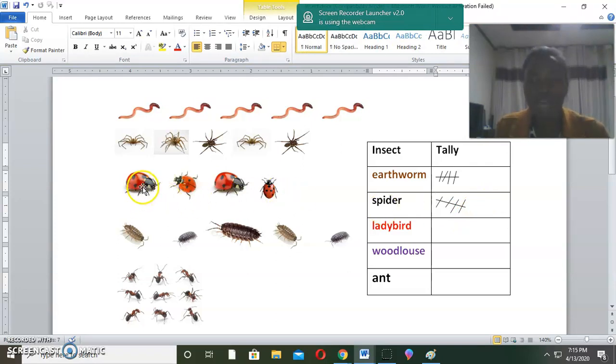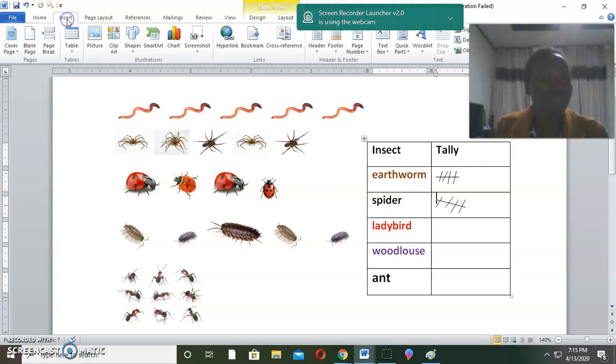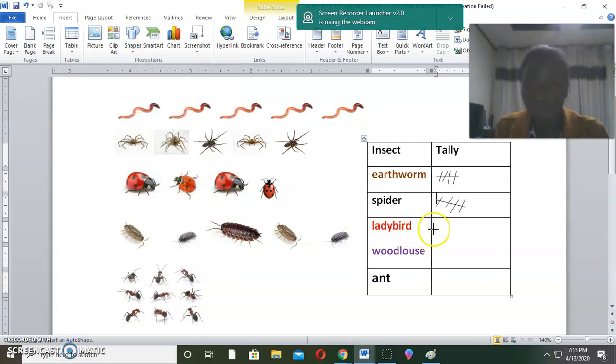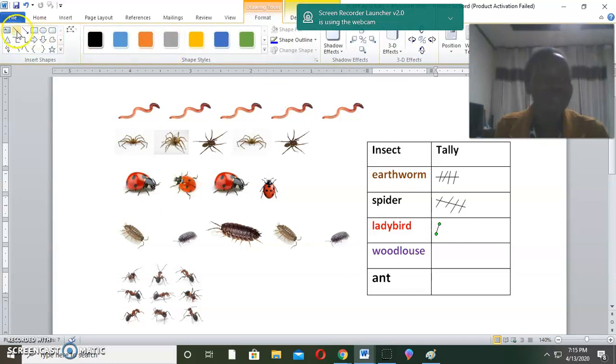Now, let's go to ladybirds. How many ladybirds? Let's count. 1, 2, 3, 4. Now I'm going to draw 4. 1, 2, 3, 4.